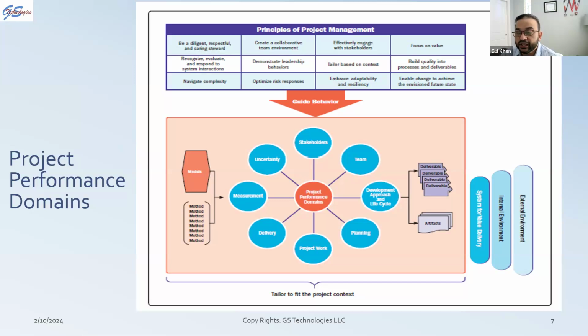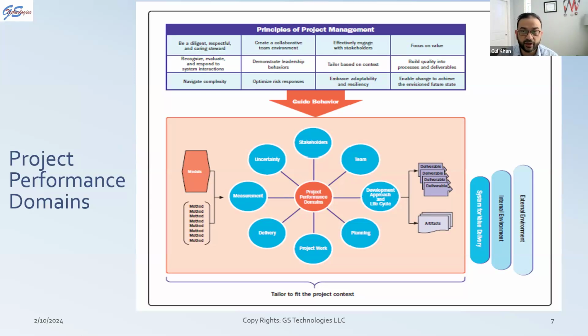Create a collaborative team and a collaborative team environment. Your team can only function if you have an enabling environment. If you don't have an enabling environment, you would not be able to effectively work with your team. Effectively engage with the stakeholders, that's very important.